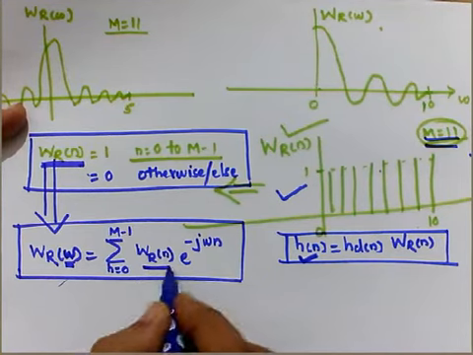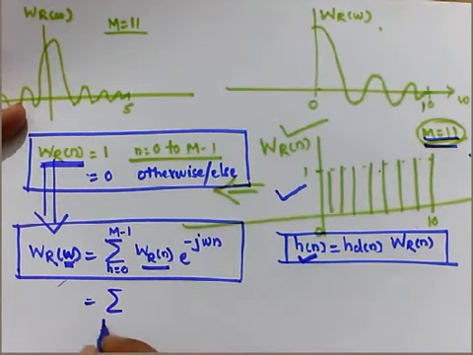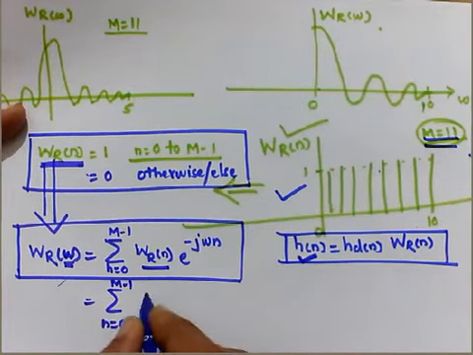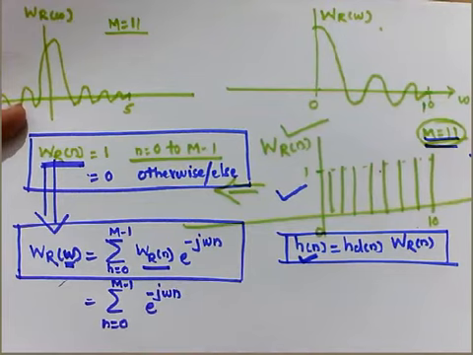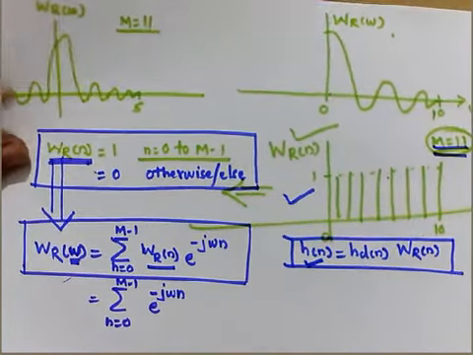So that's why this WR of n will be replaced by the value 1. So it will be written like summation as n is equal to 0 to M minus 1 e raised to minus j omega n. But here the thing can be further simplified, since it is e raised to minus j omega n.